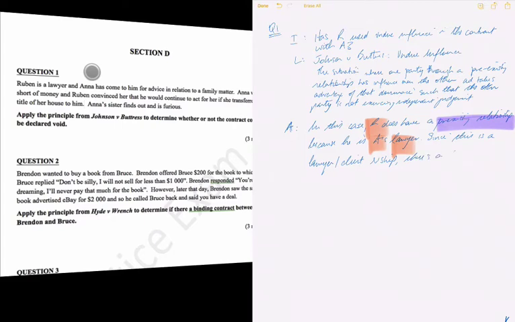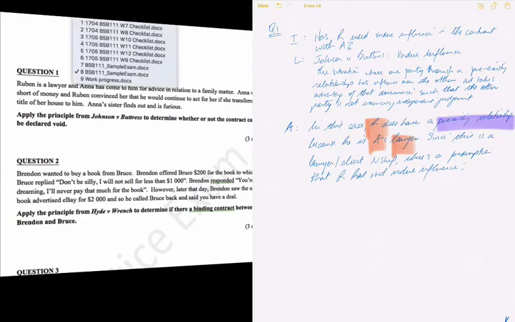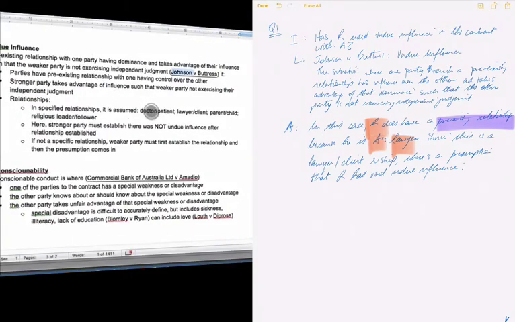there's a presumption that R has used undue influence. Okay, because that's the way the law works in certain kinds of relationships, and our handy-dandy hint sheet here actually tells us that the lawyer-client relationship is one of those relationships.